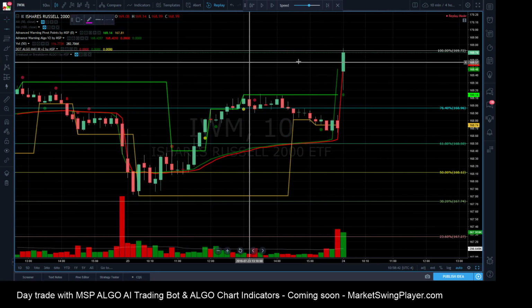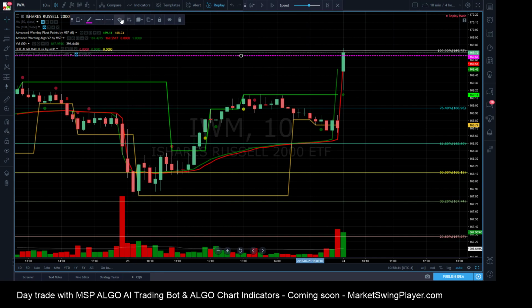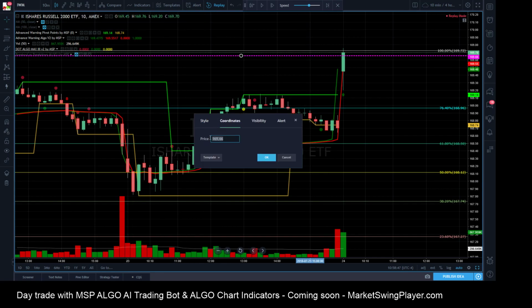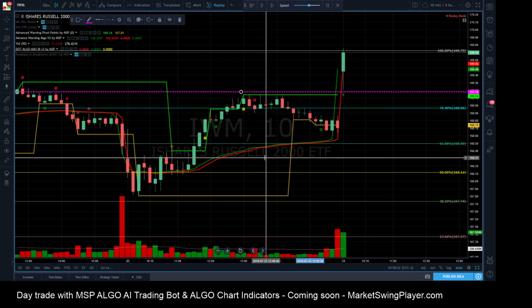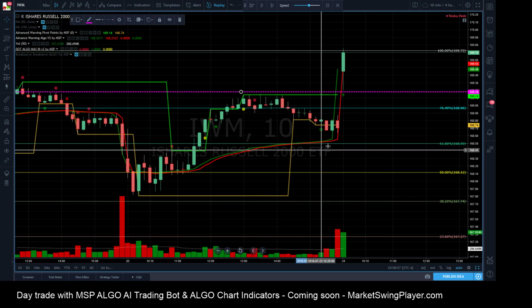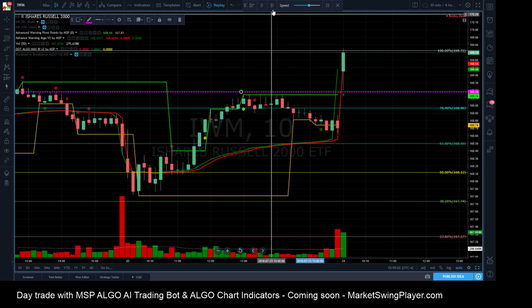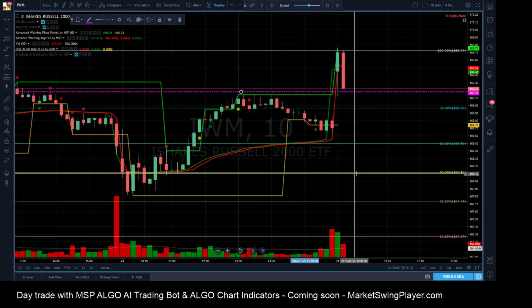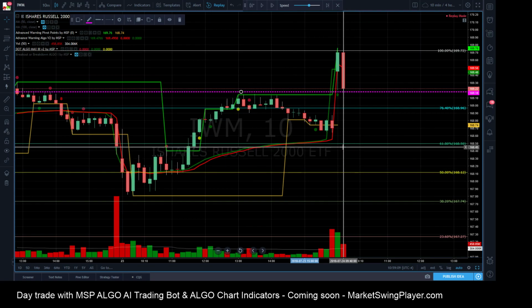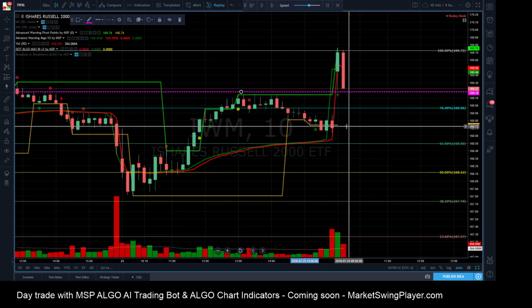So let's go in and put our price point here, that the app said. So now we go forward and the market opened up, and this is the 9:40 to 9:50 candle.